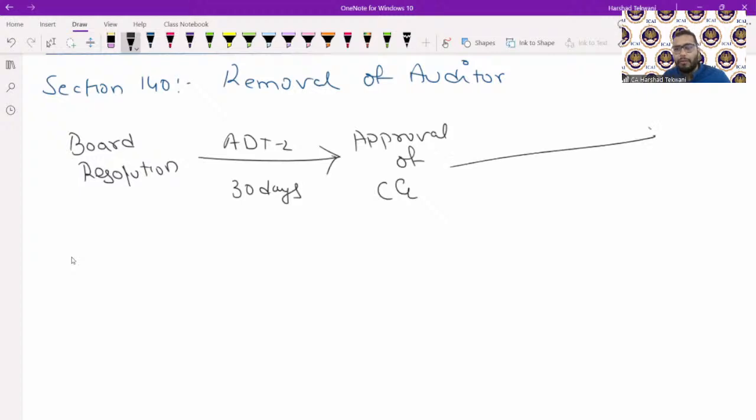Once they receive the approval, within 60 days they need to pass a special resolution in a general meeting, which will be an EGM, but I'll write general meeting. So they need to pass the special resolution within 60 days from the date of approval of the central government. And then you can remove the auditor before expiry of his term. This is basically the process.